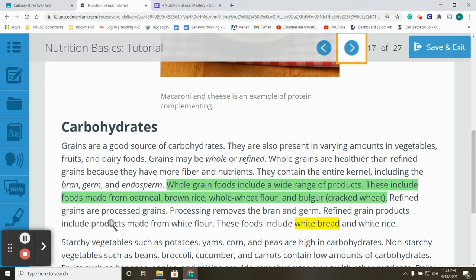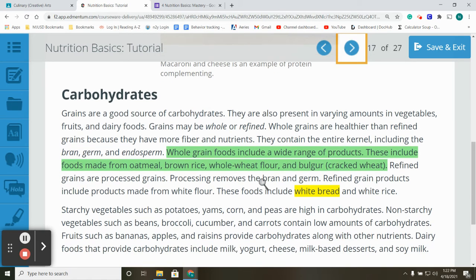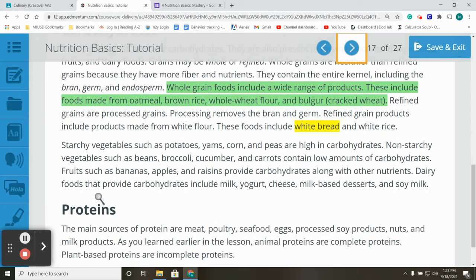Refined grains are processed grains. Processing removes the bran and germ. Refined grain products include products made from white flour. These foods include white bread and white rice. Starchy vegetables such as potatoes, yams, corn, and peas are high in carbohydrates.